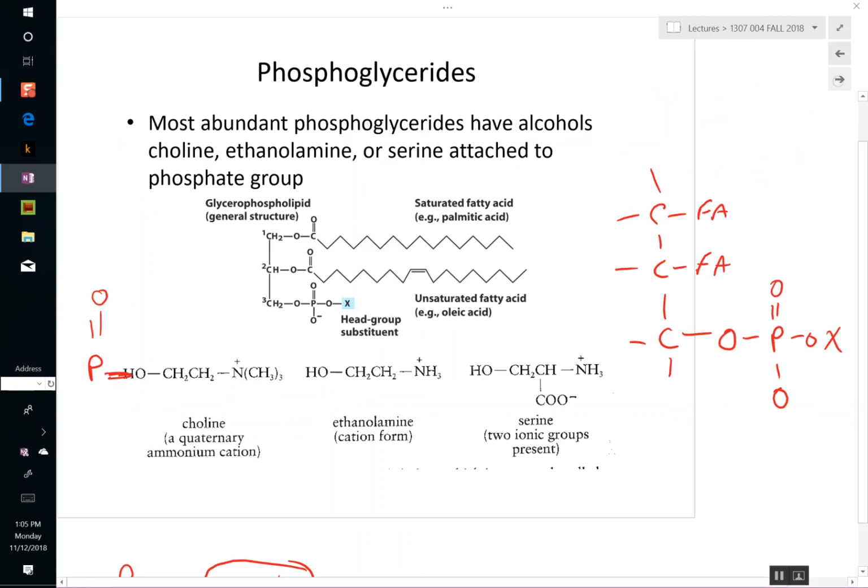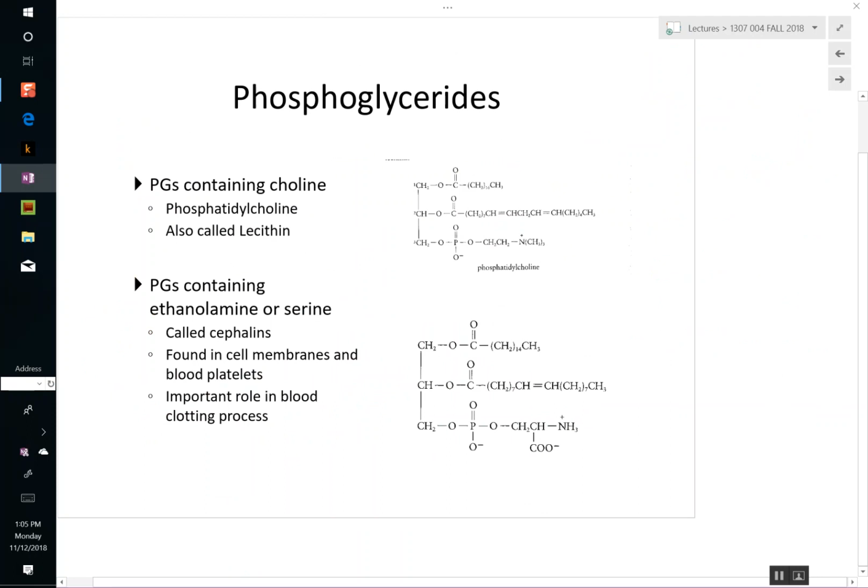So PG is referring to phosphoglyceride on these slides. We're just abbreviating it to PG. If it is choline, it would be called phosphatidylcholine. You don't need to get into this level of nomenclature, but just to be familiar, phosphatidylcholine is a phosphoglyceride.